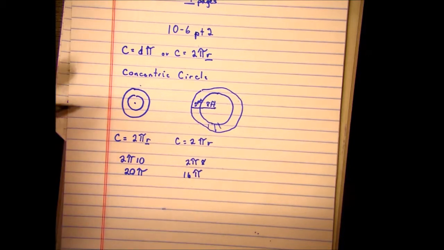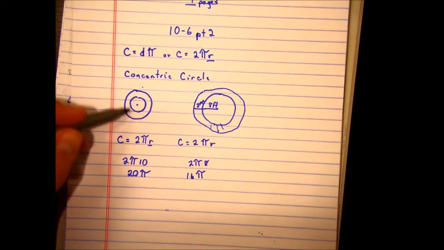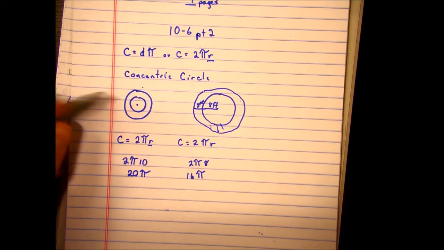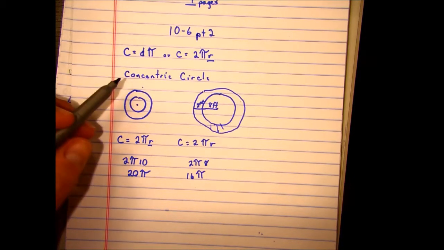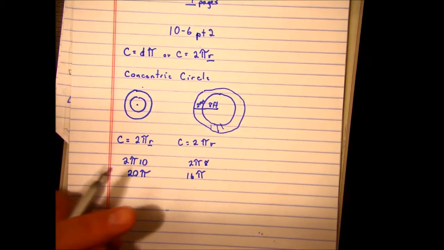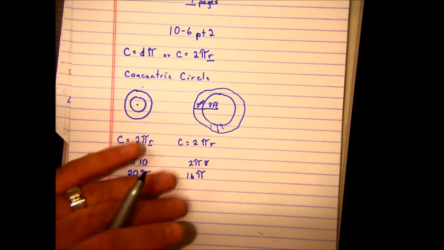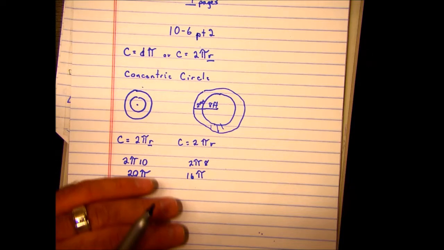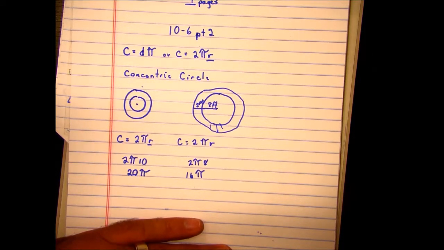Now notice, we've talked about this in the past, that when you have a shape inside of another shape, there are going to be times where you're going to have to subtract. When you have a shape next to a shape, you would add certain things. Well, in this case, let's say I ask you a question like this. What is the difference between the inner wheel traveling and the outer wheel traveling?